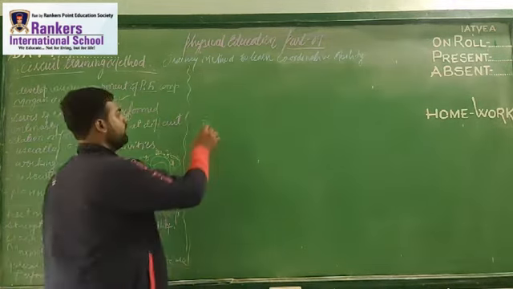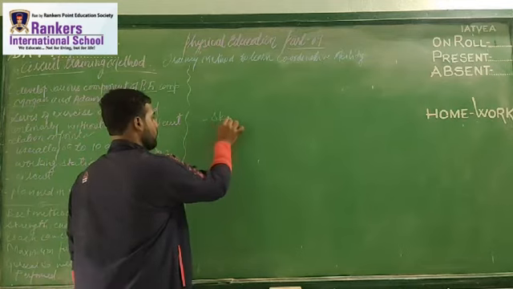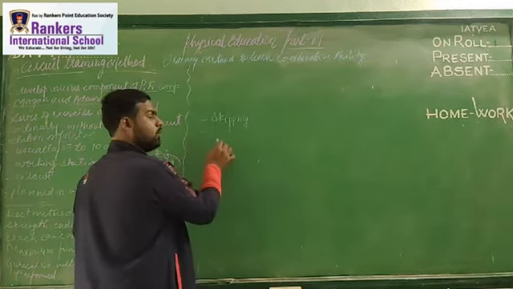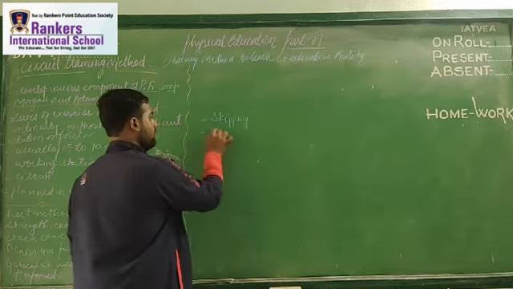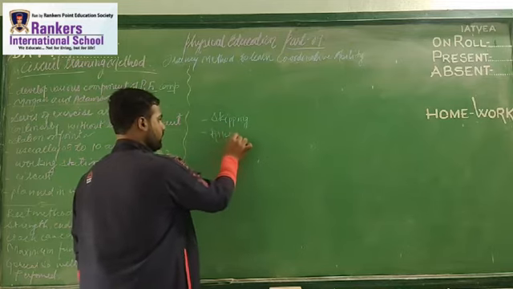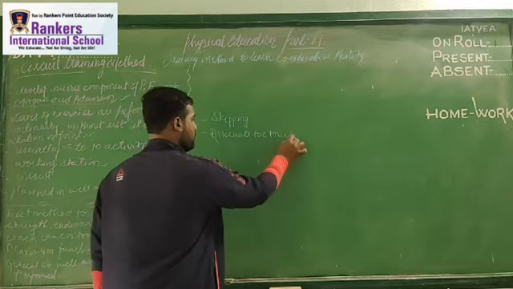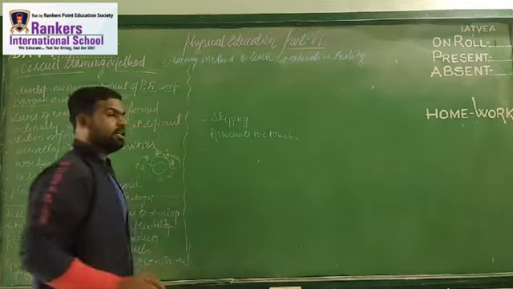Let's say first we'll take skipping. Second, we take alternate toe touch. What's the next exercise we'll take?